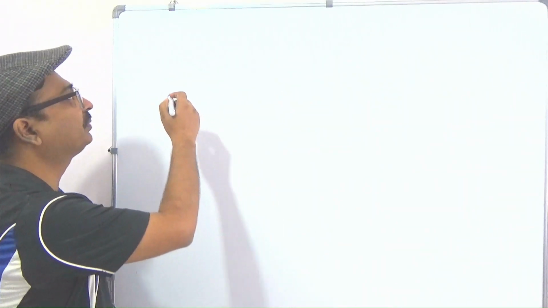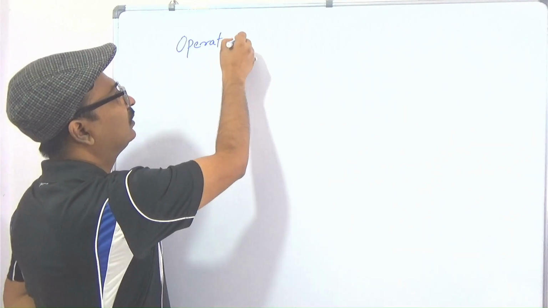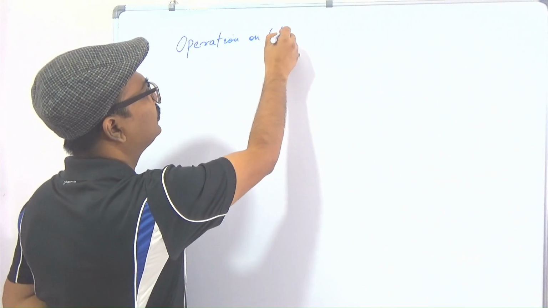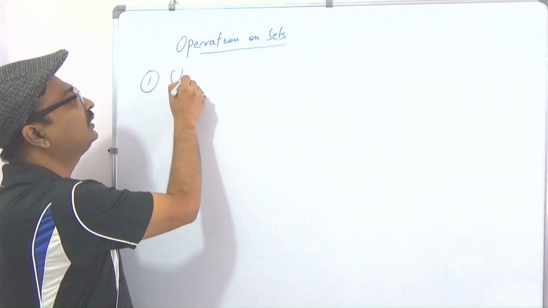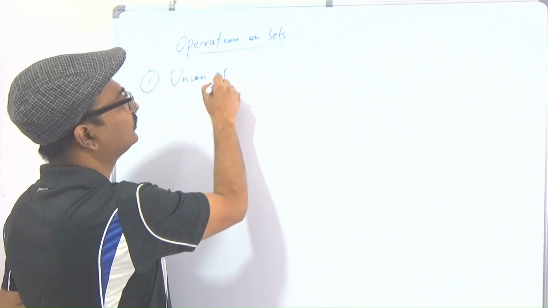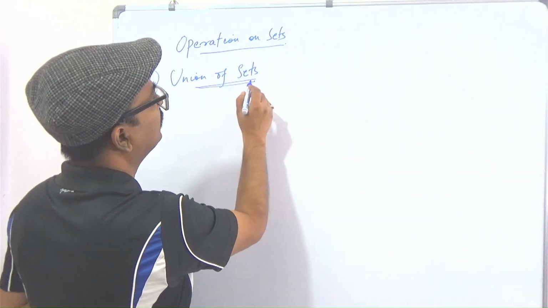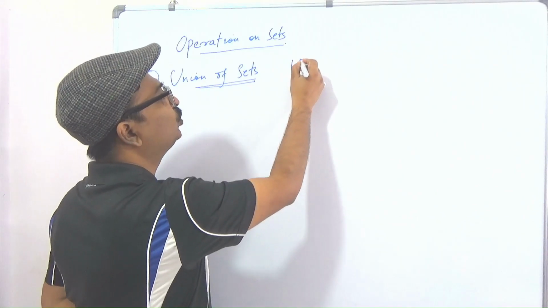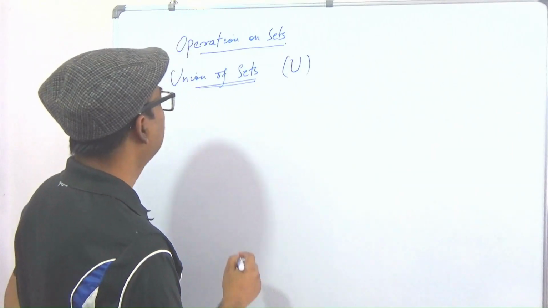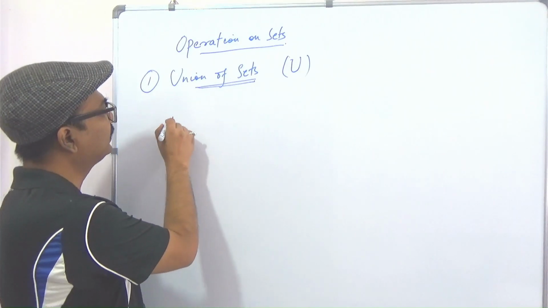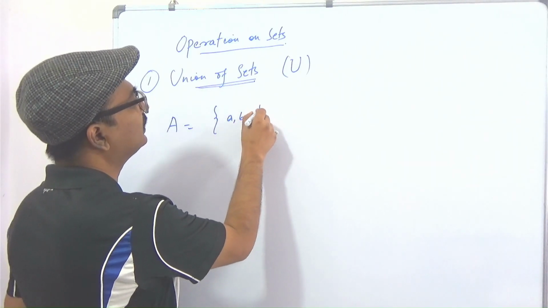Now we'll start our topic, operations on sets. The first operation is called union. We use the symbol ∪ to show union between two sets. Let's say we have one set A which has the elements a, b, c.